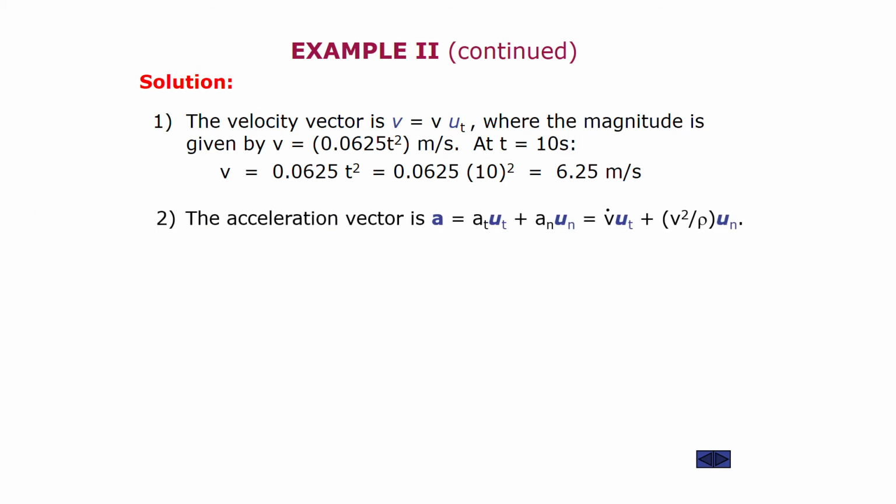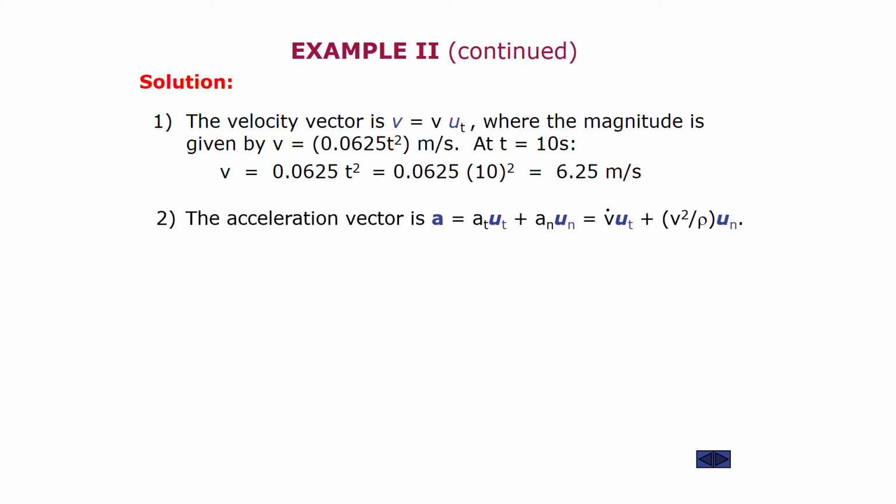So the acceleration vector. Always represent it in the form of a vector first. So you have the acceleration equal to at ut plus an un. Now at is actually equal to v dot ut plus v squared over rho un. For v dot, you have to differentiate v with respect to time.